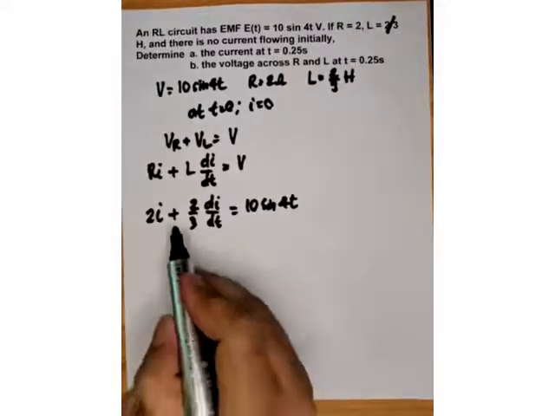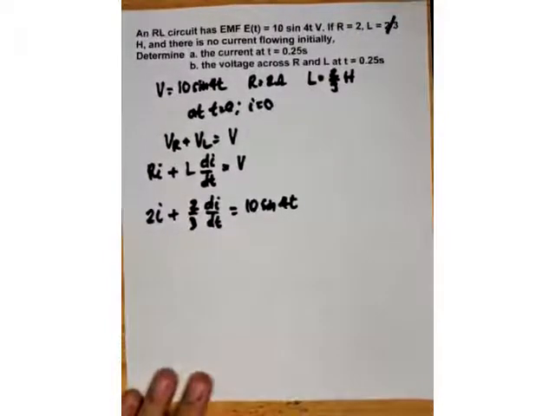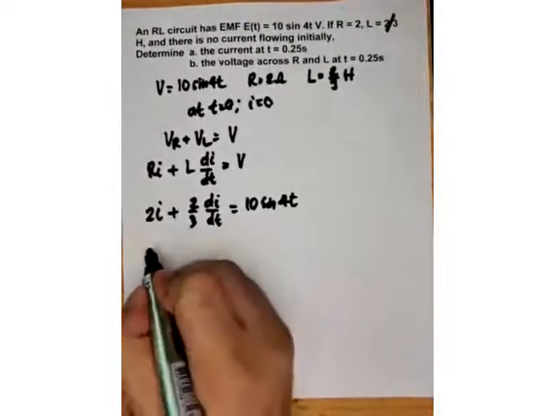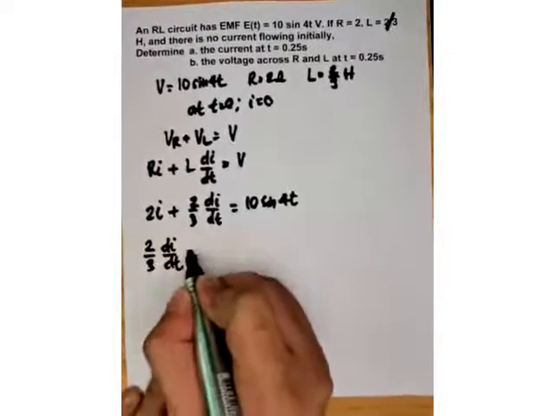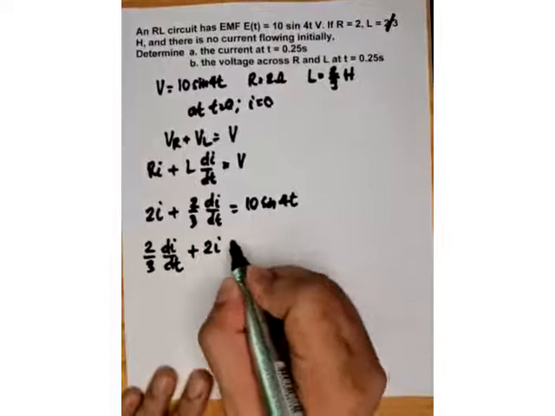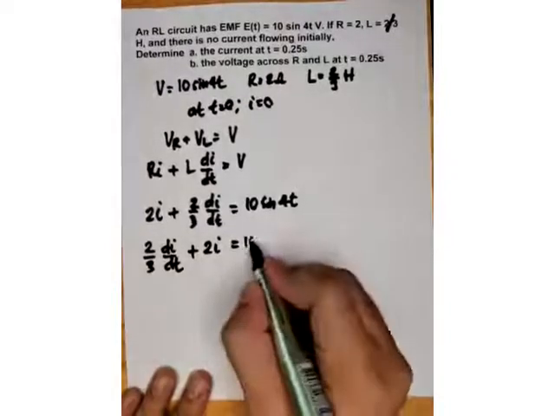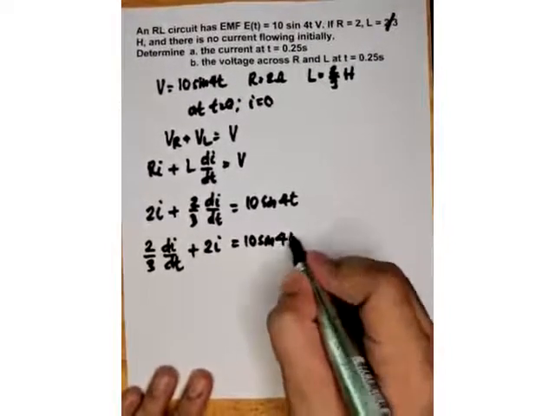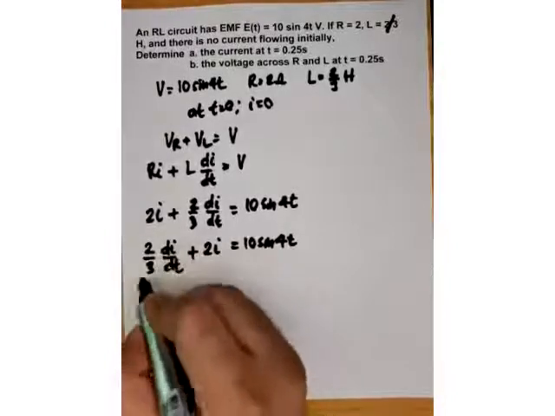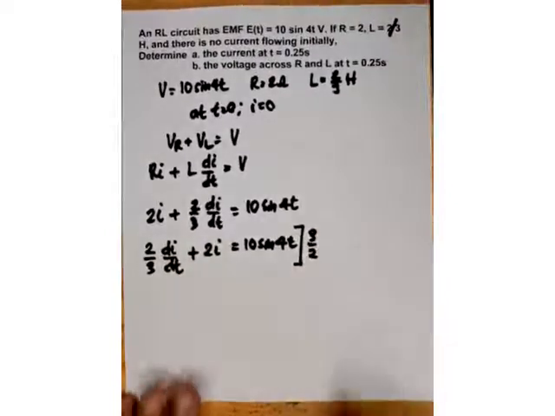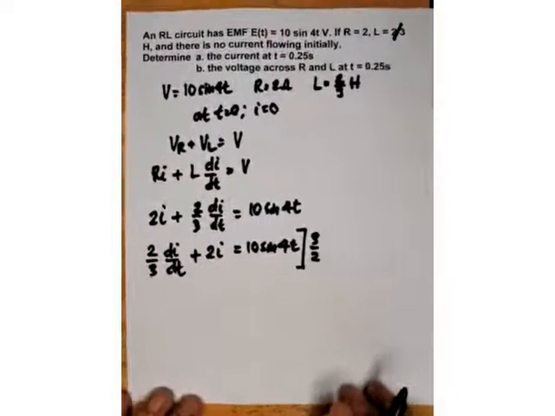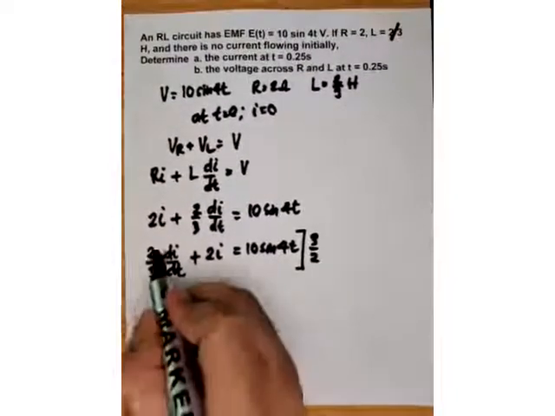Okay, so that means, so this is also a linear equation. So linear in I. Ayan. So this is 2 over 3 di over dt plus 2I is equal to 10 sine 40. Ayan. So dapat mawala ang 2/3 dito. So let's multiply the equation by 3 halves. Ayan. So cancel ito.